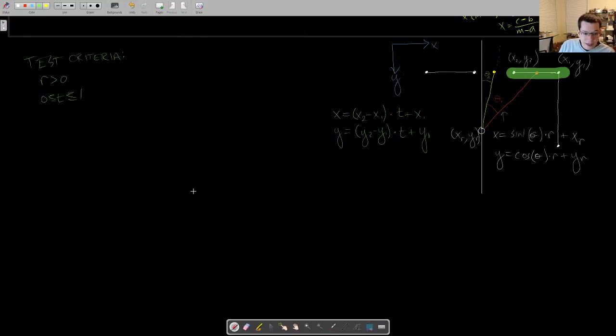So we have x equals x2 minus x1 times t plus x1, and we have x equals sine theta times r plus xr. So then we have, is this the way to do it?